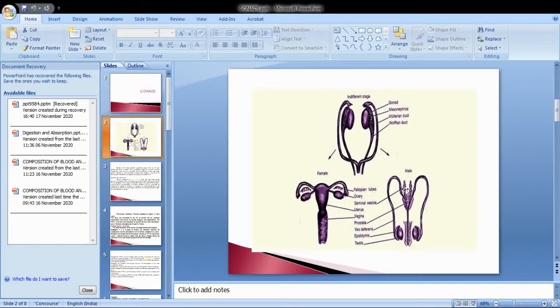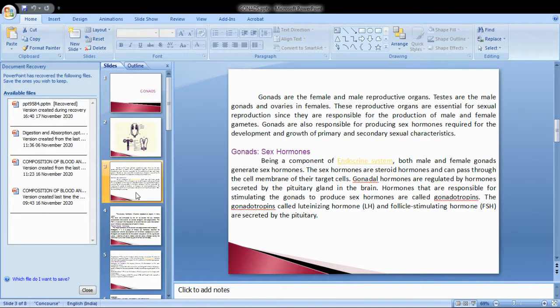Whereas in males, this is the seminal vesicle and the prostate gland, and this is the vas deferens, the epididymis, and the testes. This is the overview of male and female reproductive systems. Now let's continue the class.